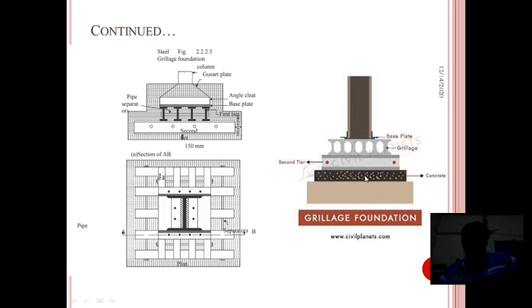These are made of concrete. So this is the second type, and these are the grillages provided, and this is the base plate, and these are the angles, and this vertical member is the I section, that is the column.